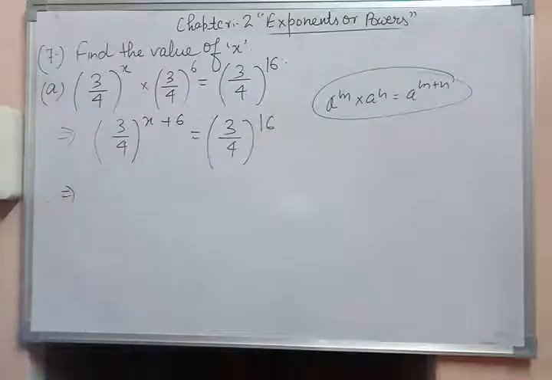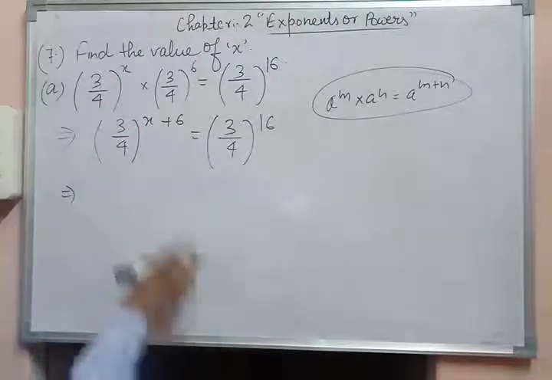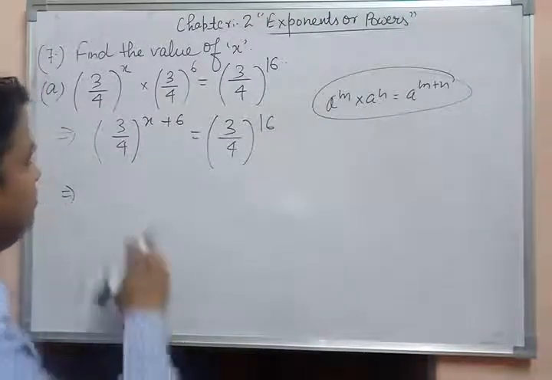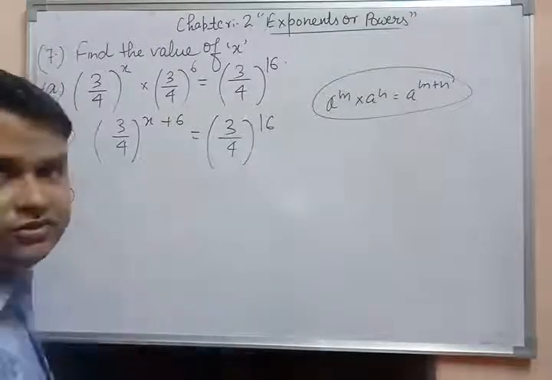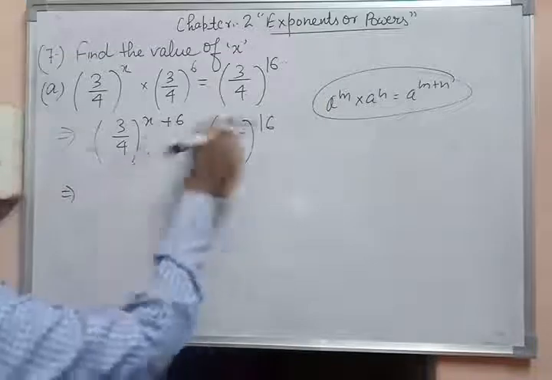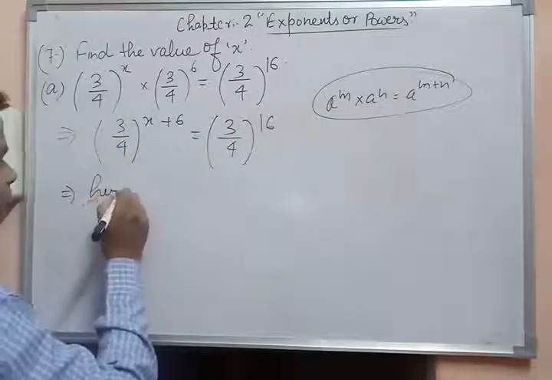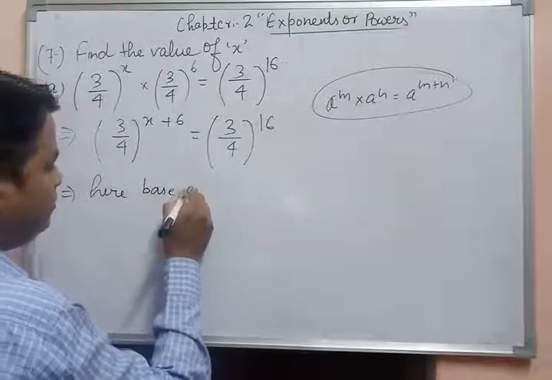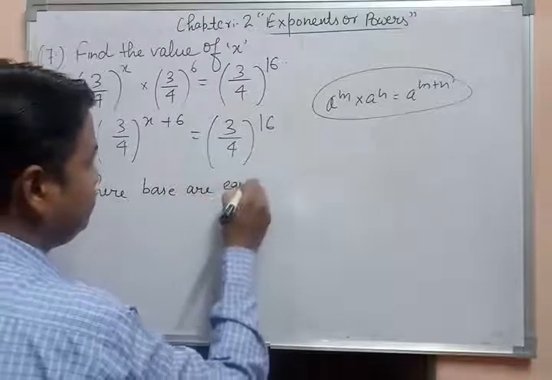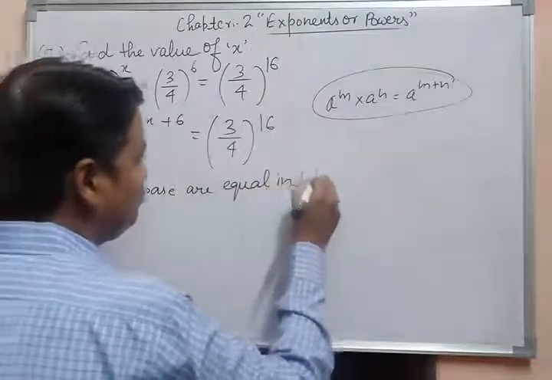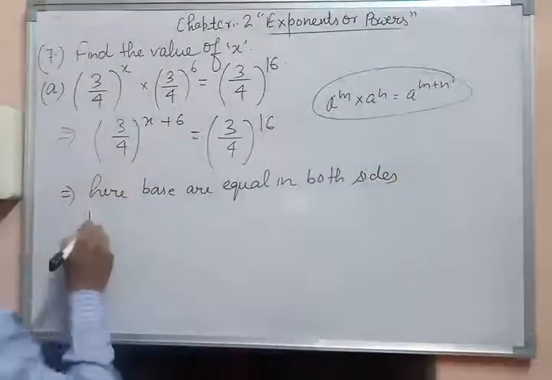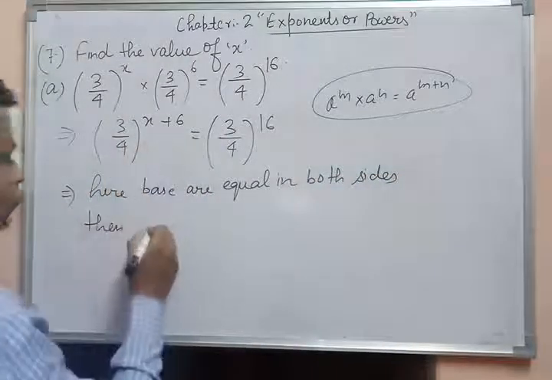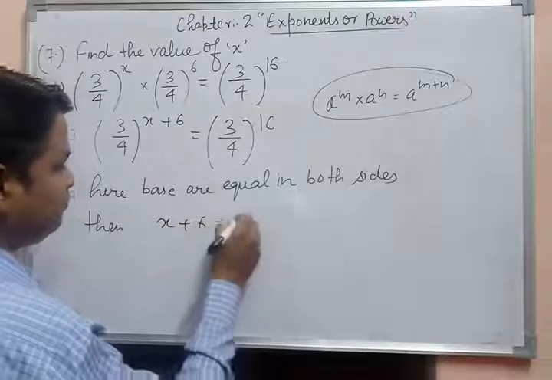Students, this is the rule which I have told many times: if both bases are the same on both sides, then the powers must be equal. Here the bases are equal on both sides, then the powers must be equal, that is x plus 6 is equal to 16.